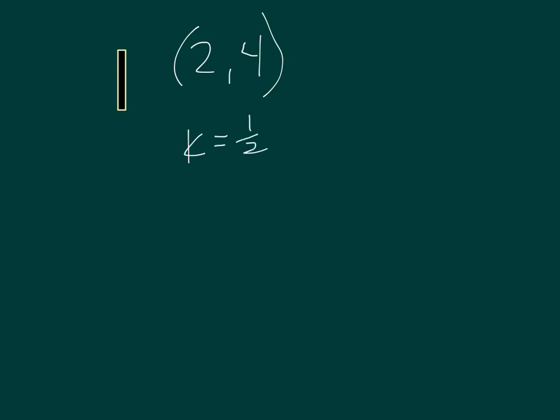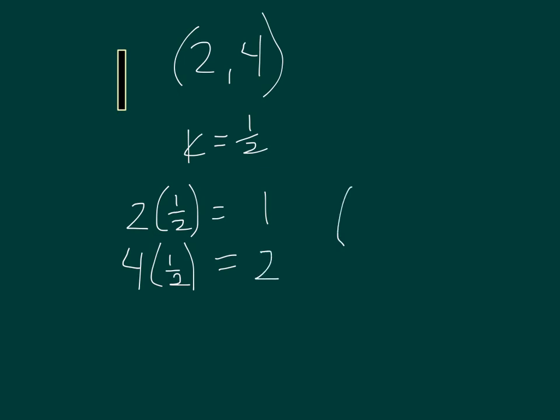In order to find out what that next point would be with the scale factor being 1/2, we're going to multiply our 2 times 1/2 and our 4 times 1/2. And that will tell you what your new point is. So 2 times 1/2 is 1. 4 times 1/2 is 2. So your new point is going to be 1, 2.